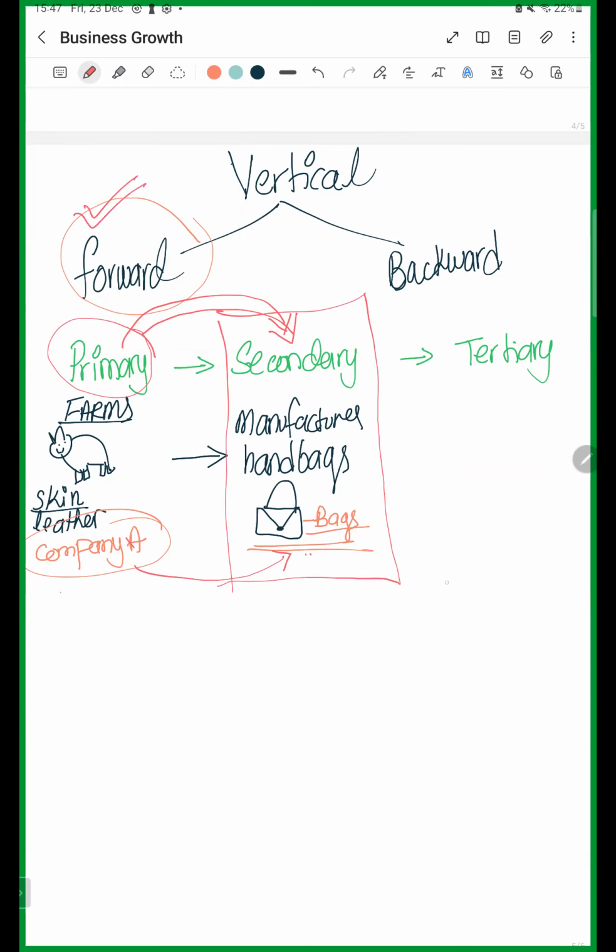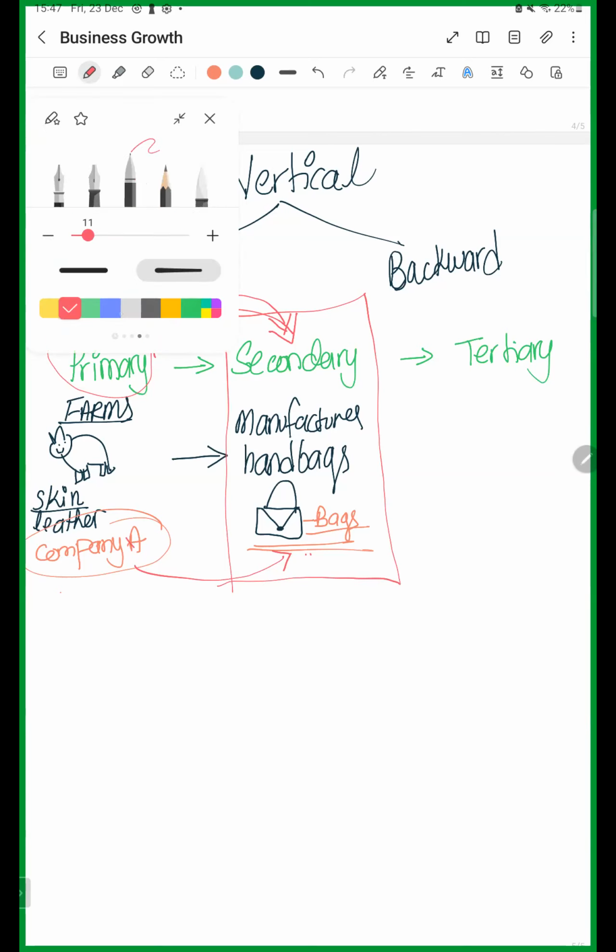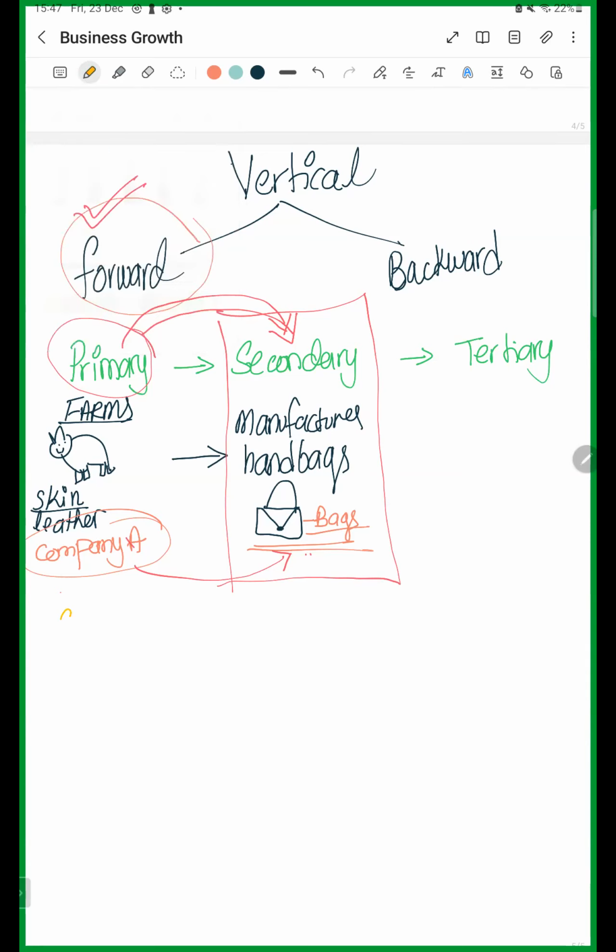They're moving a step forward in their level of production. This is what happens in vertical forward.